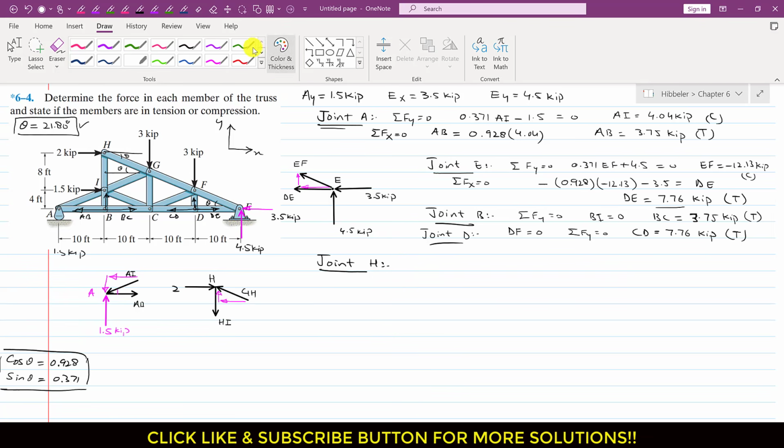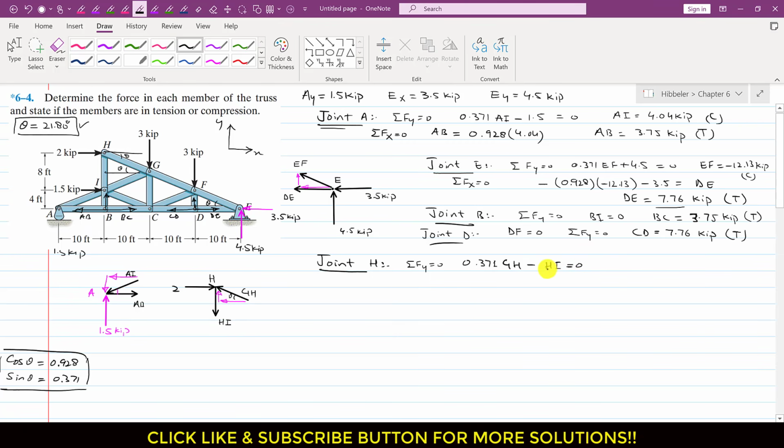So again, if we apply the summation of forces along y equals to 0, as we can see that this component is acting in the positive direction, and if this is theta, this is the sine component, and sine value is 0.371, so I will write 0.371 GH minus this HI, so this is equal to 0, right?